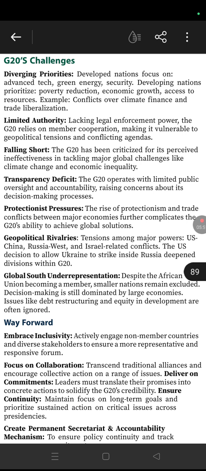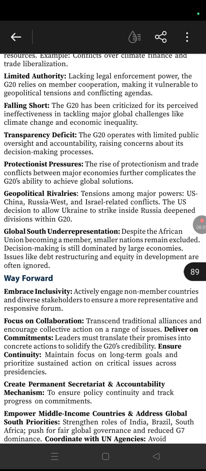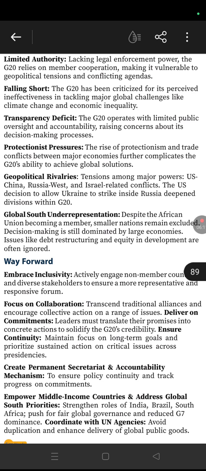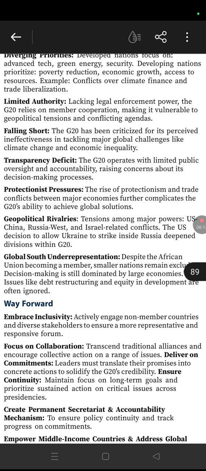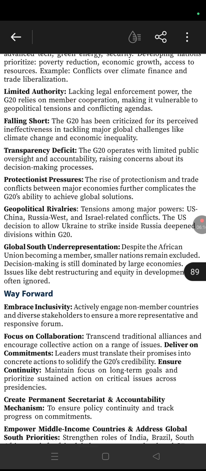There is no legal enforcement power of G20, which creates another problem and challenge. And G20 is not able to tackle the global challenges of climate change and economic inequality. There is no equal distribution of resources, and often there are conflicts over climate finance.